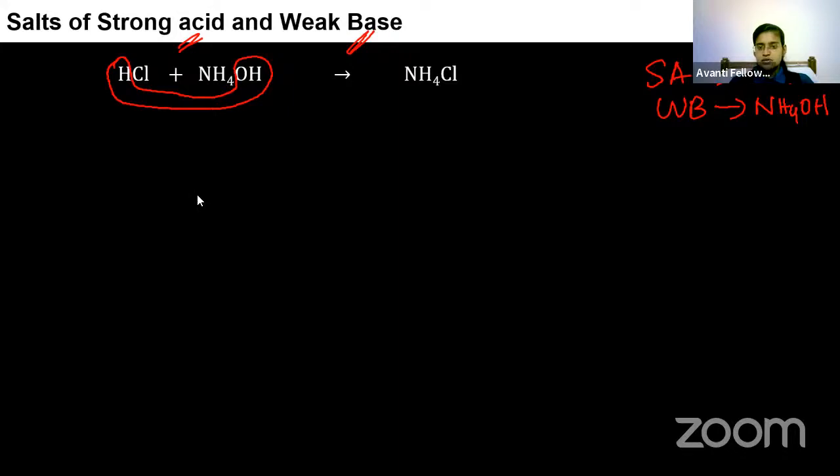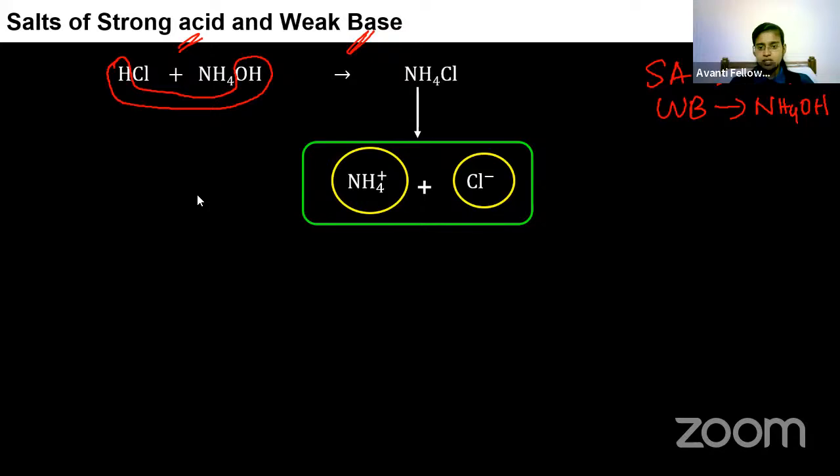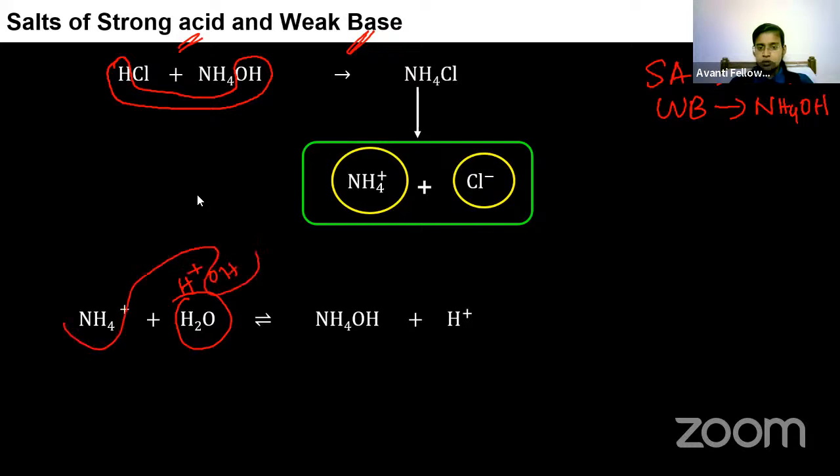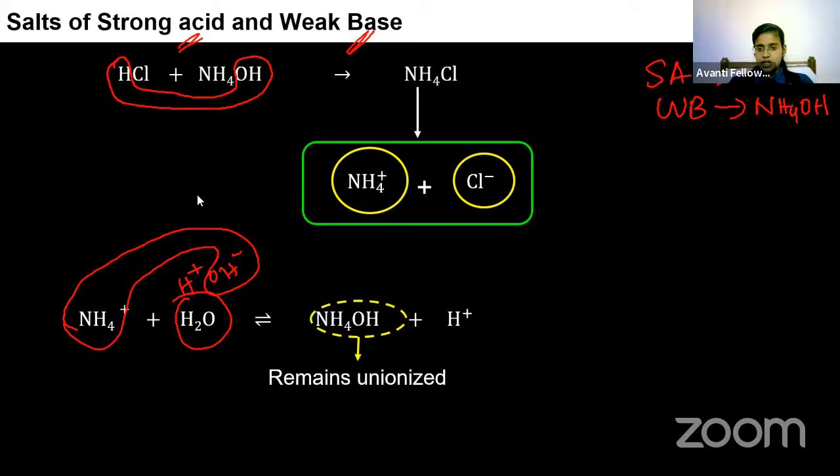And this NH4Cl has NH4 plus ion and Cl minus ion, cation and anion. If I take the cation and treat it with water, I will get NH4OH, H plus and OH minus. So NH4OH will come out and the remaining H plus will be there. So NH4OH remains unionized and H plus concentration will increase.